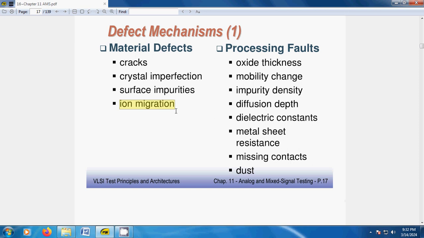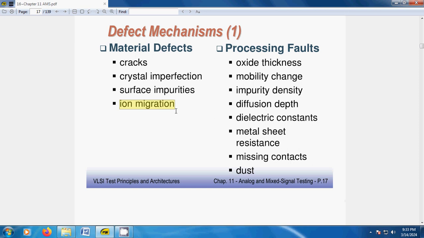After 10 years, due to the movement of electrons inside the device or transistor, the concentration of ions within the material changes.